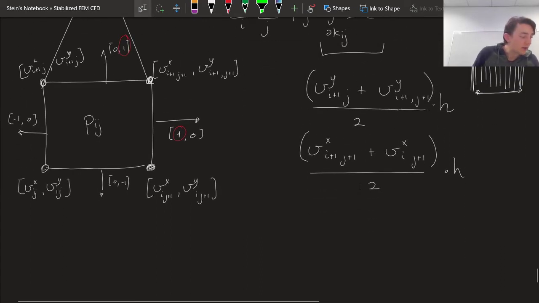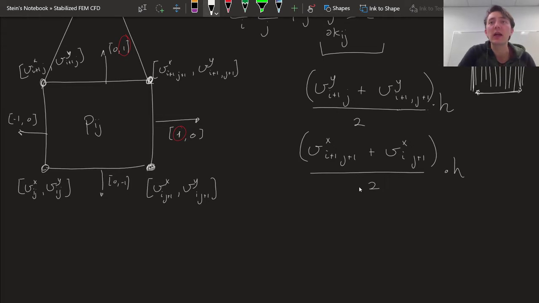So the same strategy gives me also expressions for the bottom and the left ones, where the only thing I have to be a little bit careful about is the negative sign on the normal. So I get here 2 positive contributions and then 2 negative contributions.